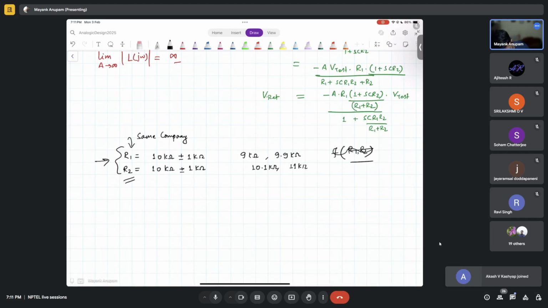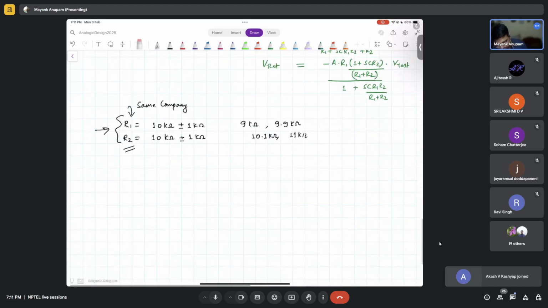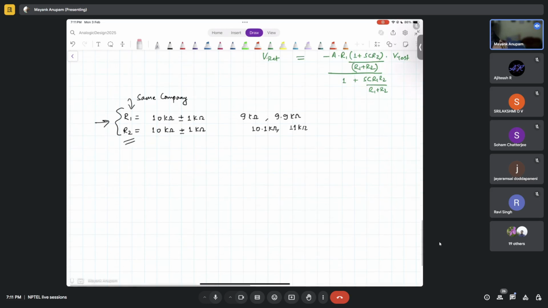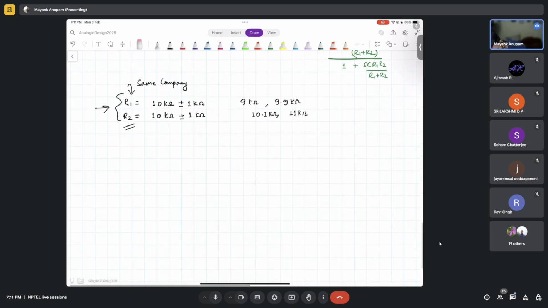I cannot solve this question for you, so I cannot exactly say what the filter bandwidth is. You do it yourself. But it will be a function of R1, R2 and C, isn't it?